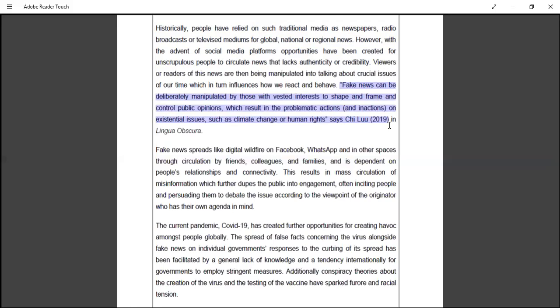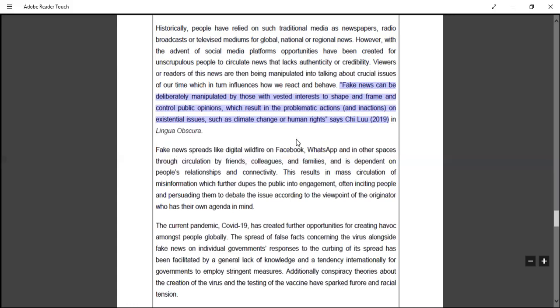But fake news can be deliberately manipulated by those with vested interest to shape and frame and control the public opinions, which results to problematic action on existential issues. Now, this has already been captured on the opening line.